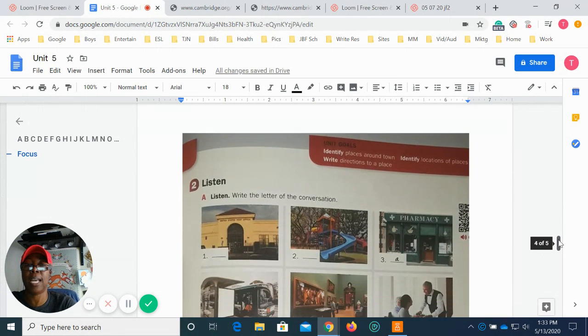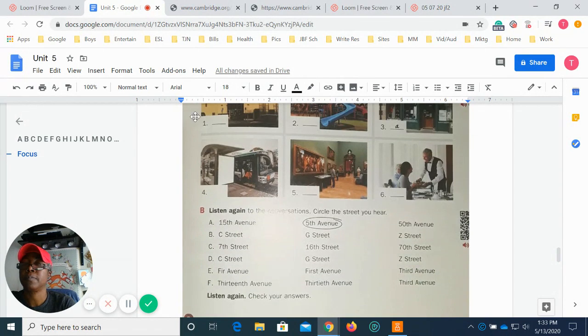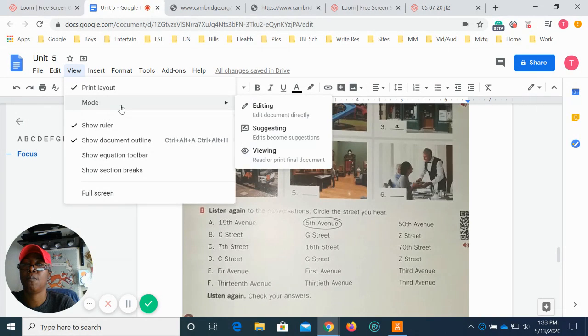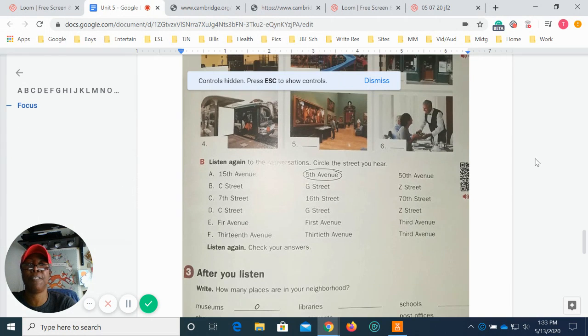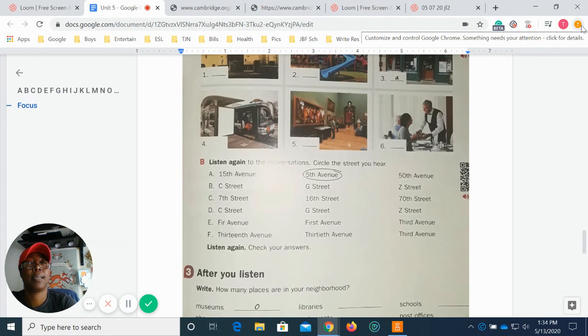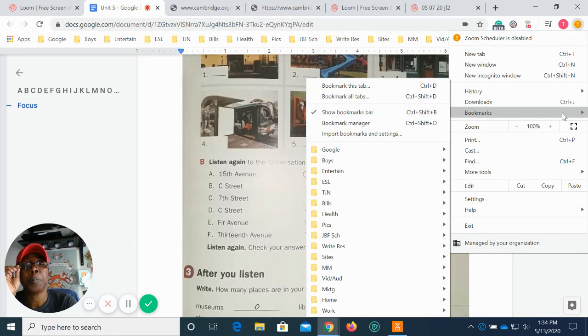And on page 59, this is what you will see right here. This is what you'll see on page 59. All right.